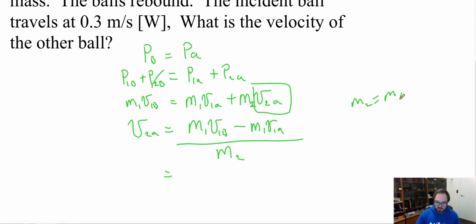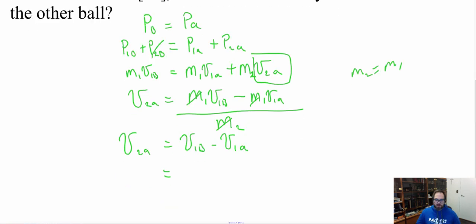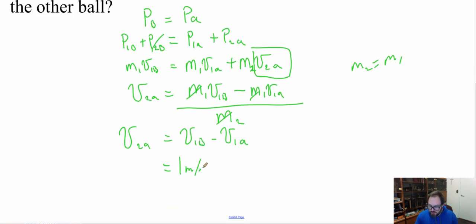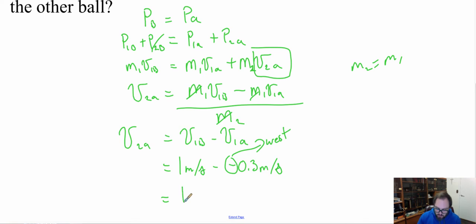So in other words, my masses will all cancel out. So what I'm left with is the velocity of the first ball before contact minus its velocity after contact. So now I'm just going to substitute and see what we get. So one thing you must remember is this negative because it is going west. So altogether, we end up with east.